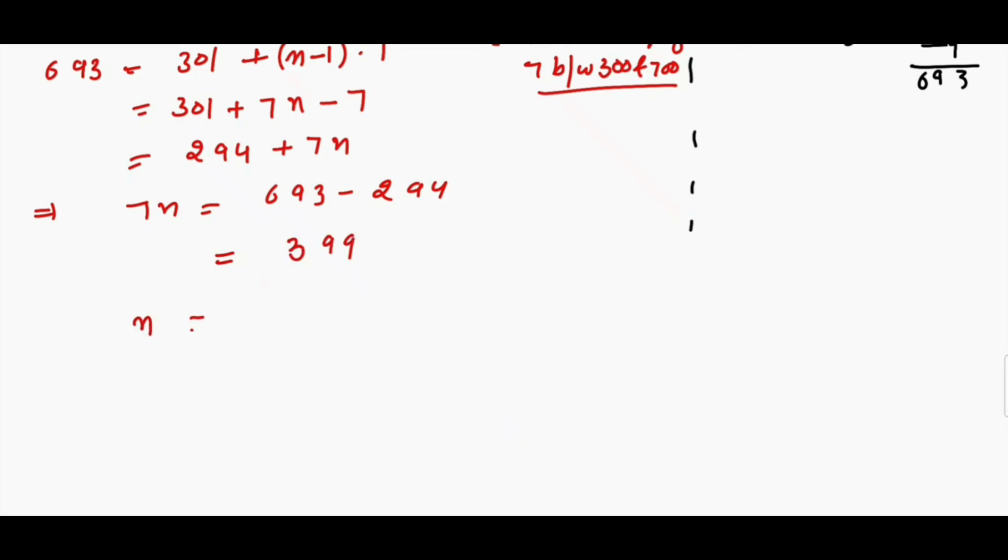So n is equal to 399 divided by 7, which is equal to 57. So how many numbers are there between 300 and 700 which are multiples of 7? 57.